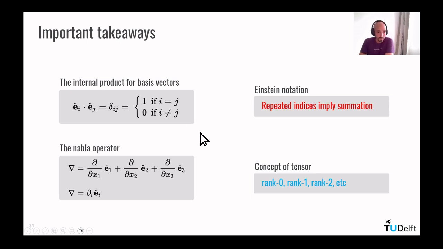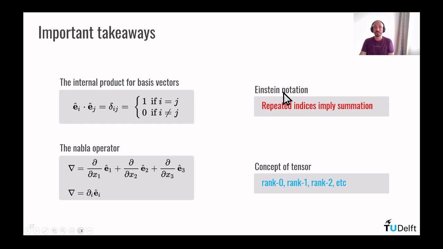We also defined the Nabla operator that can be represented like this. This is a vector. The Nabla operator is a vector. And using Einstein notation, we can write it like this. Del sub i, e hat sub i.